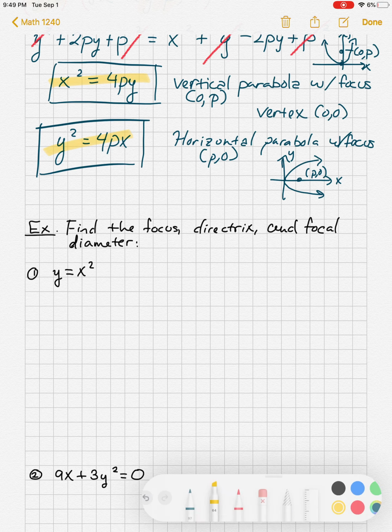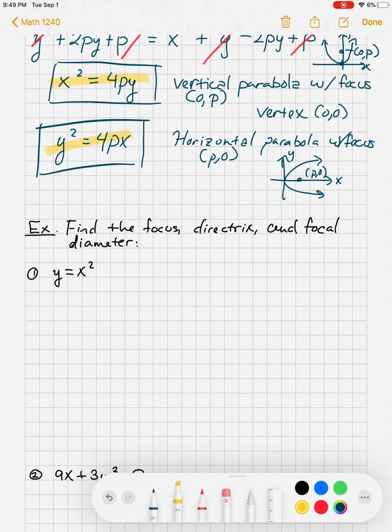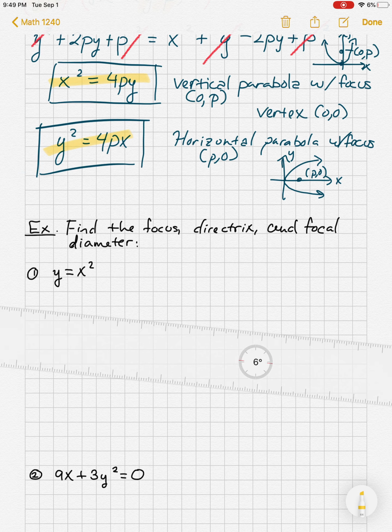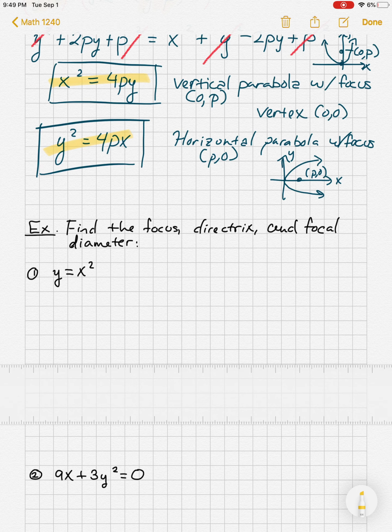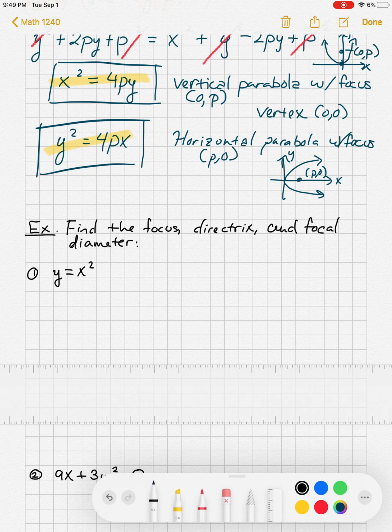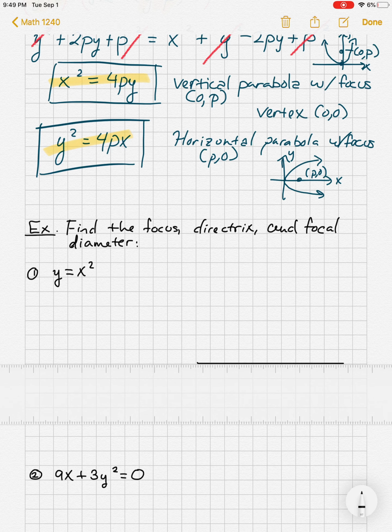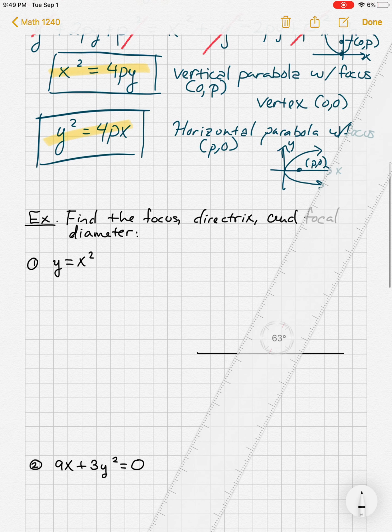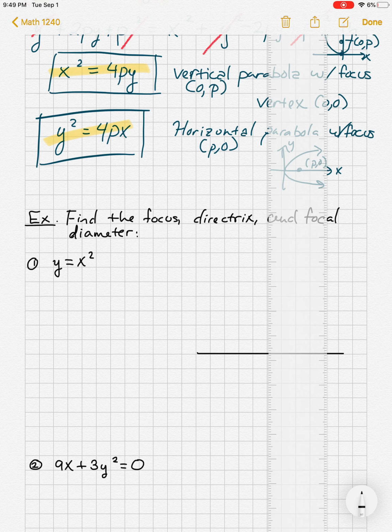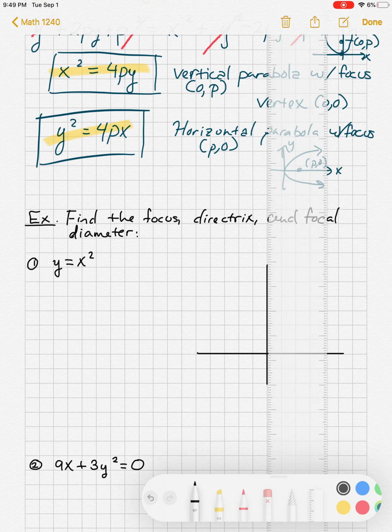And so how would you actually apply some of this? Find the focus, directrix, and focal diameter. So we've worked with this parabola a lot before. y equals x squared. But now we're going to look at it from a geometric perspective.